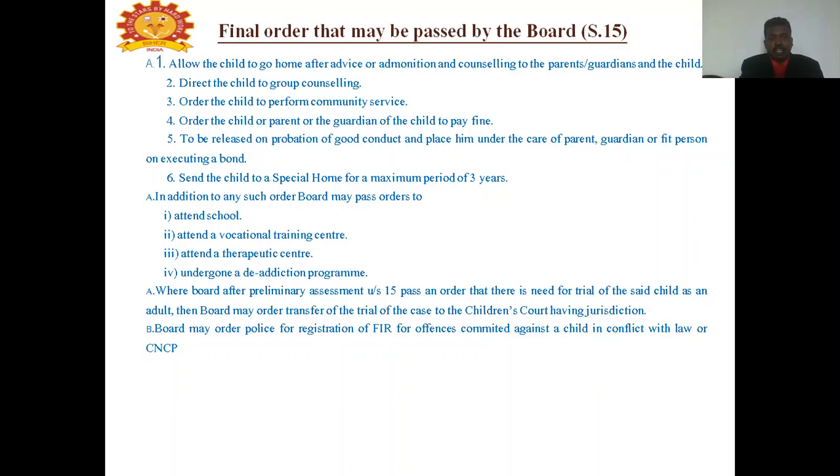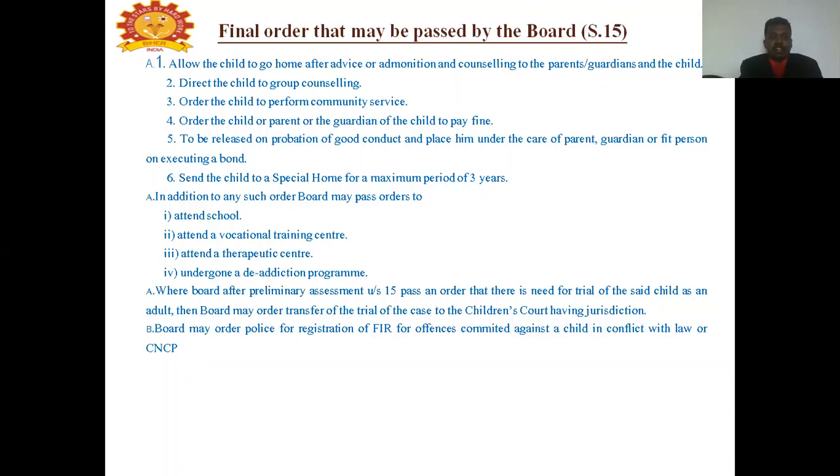In addition to any such order, the Board may pass orders to attend school, attend a vocational training center, undergo a de-addiction program, or attend a therapeutic center. If the Board, after preliminary assessment under Section 15, passes an order that there is need for trial of the said child as an adult, then the Board may order transfer of the trial of the case to the Children's Court having jurisdiction.